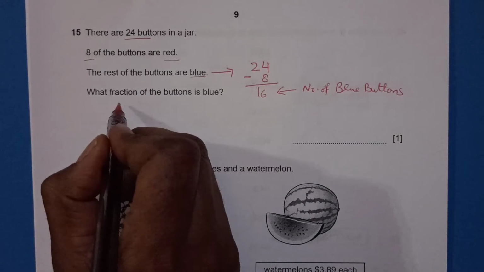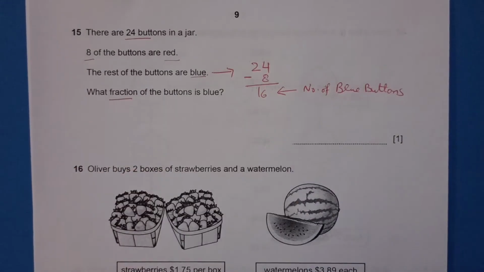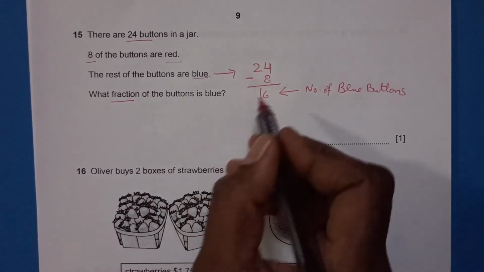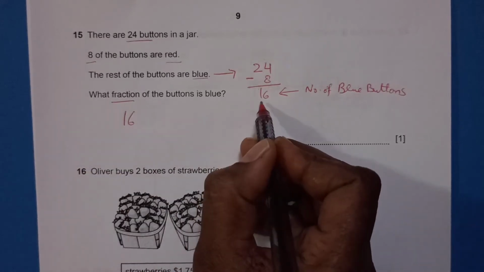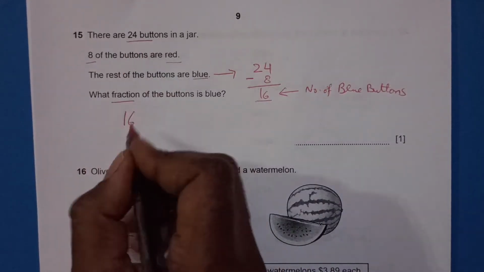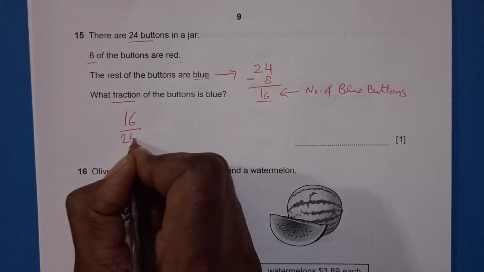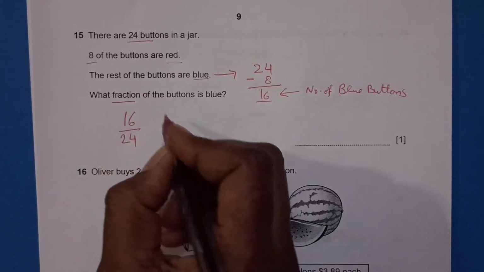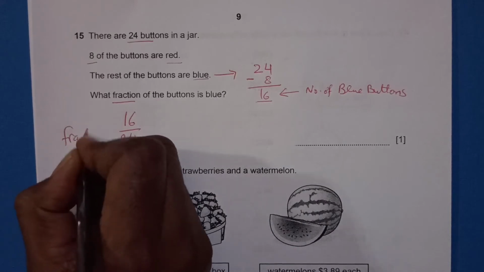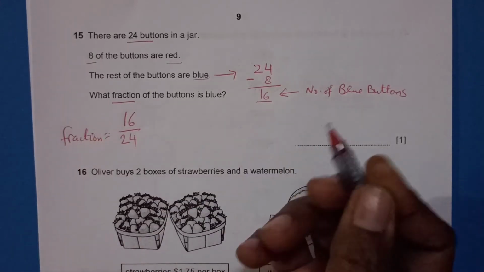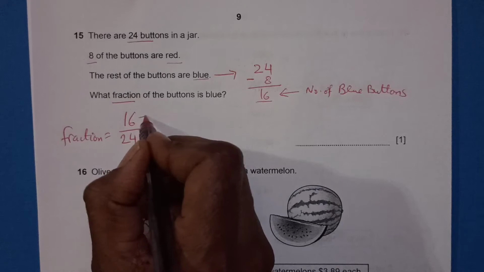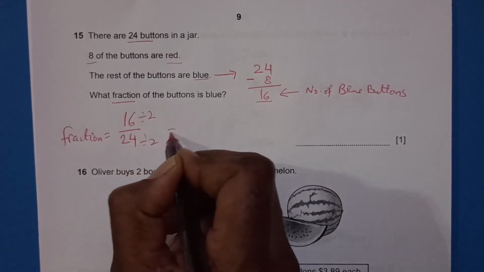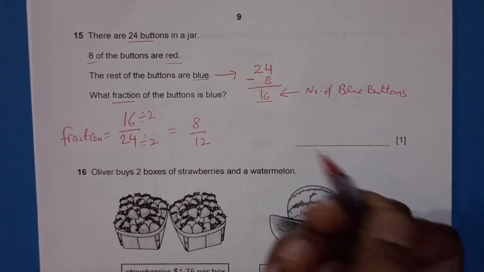Okay, so now the question is, what is the fraction? So we are going to calculate the fraction out of the total. There are 16 blue buttons out of 24, so 16 over 24. We can simplify this. Divide by 2, divide by 2, so this is 8 over 12.